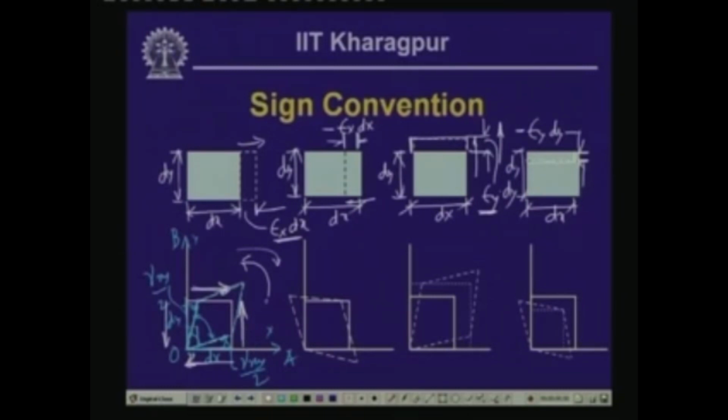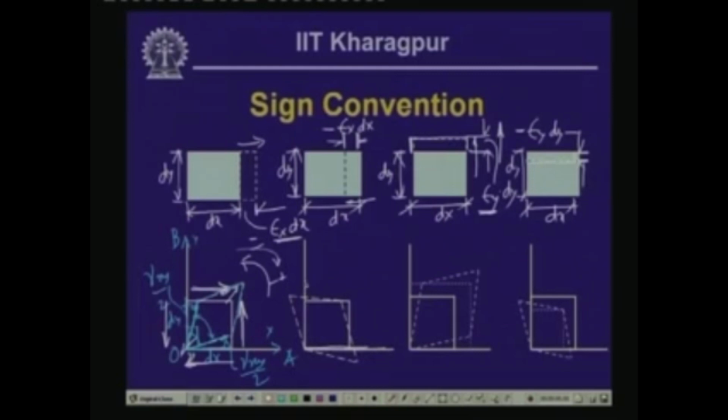The anti-clockwise rotation we had taken as positive, the clockwise one as negative. Now, this direction of positive shear tries to deform the element in this direction, and that is why this is positive strain.